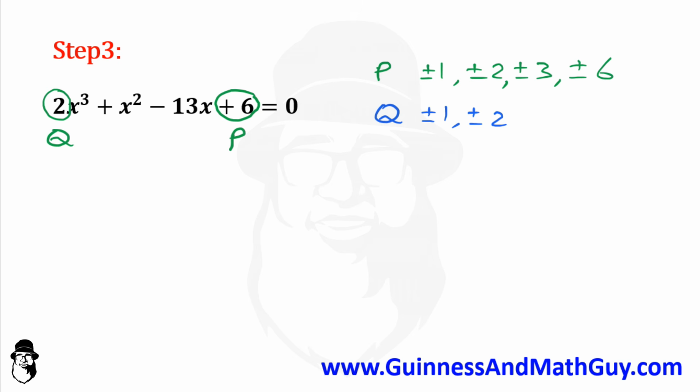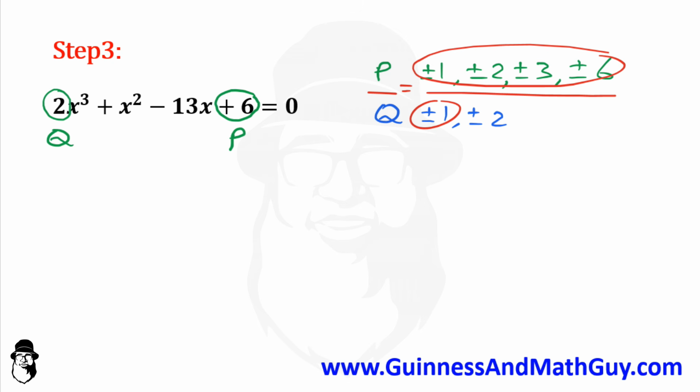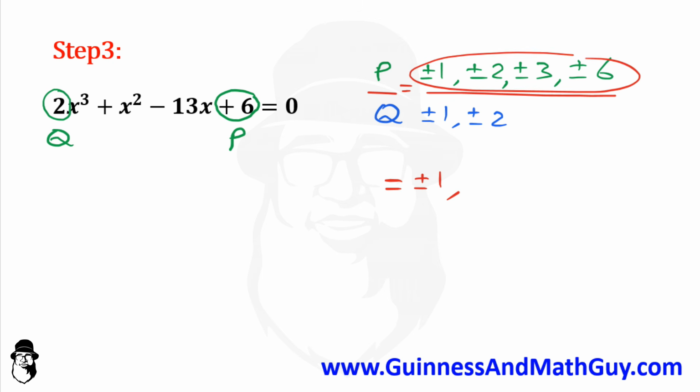Now, if we divide P by Q, let's divide all of these by plus minus 1 first. So 1 divided by 1 is plus minus 1. Then we can write all of them as they are because dividing by 1 will make no difference: plus minus 2, plus minus 3 and plus minus 6.